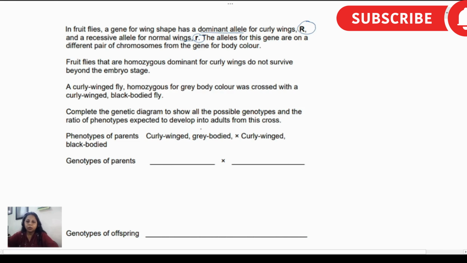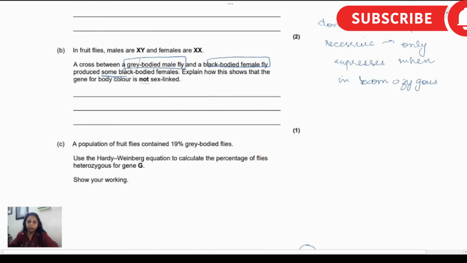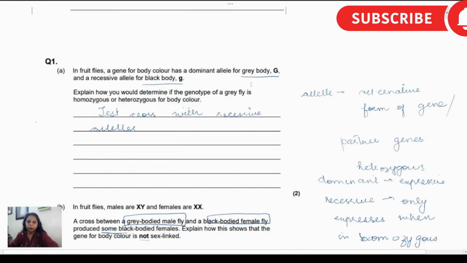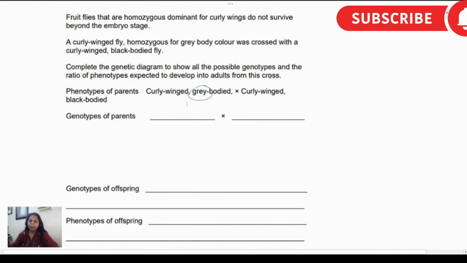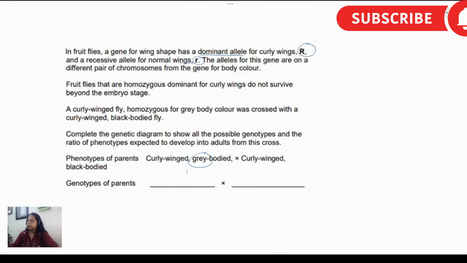So gray one is denoted by what? For gray it is capital G and black is small g. Yes. So it would be capital R and capital G, and it would be capital R and small g.